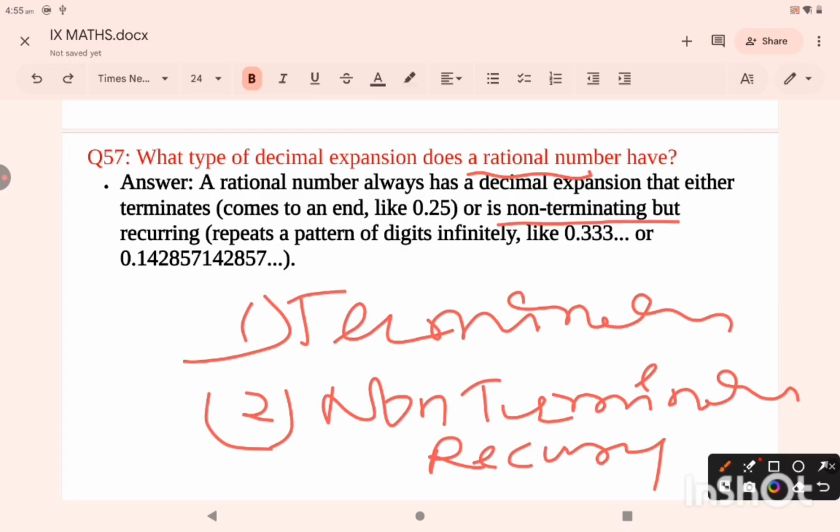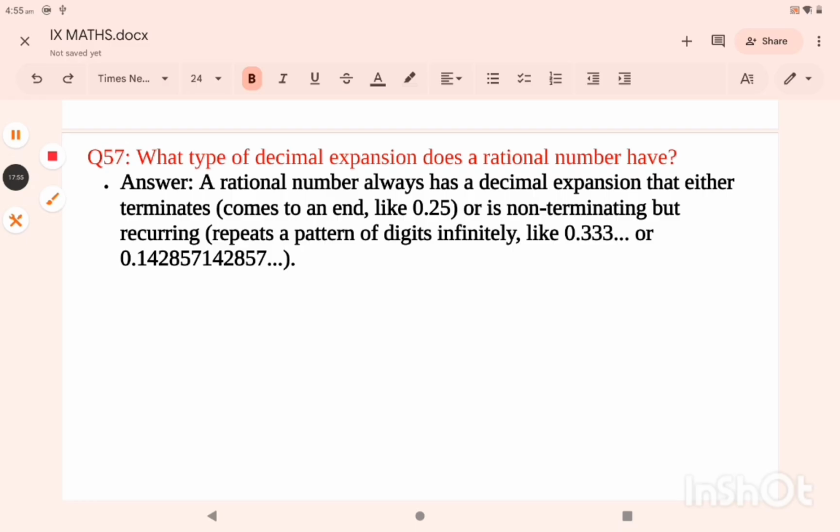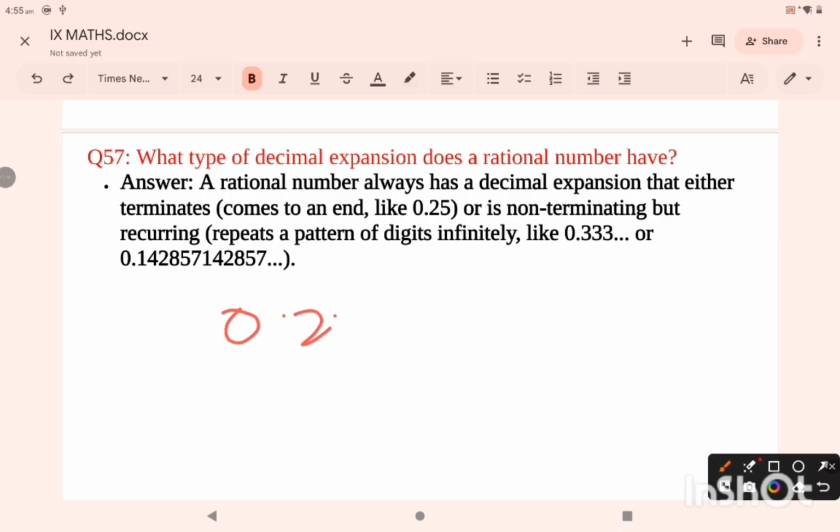For example, 0.25 is a terminating decimal. This can be expressed in the form of p by q. Therefore, this is rational.